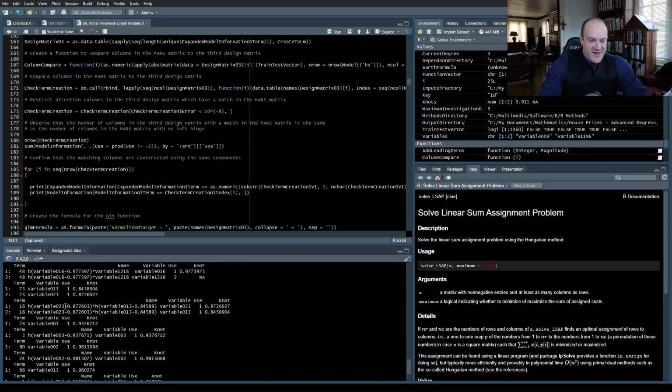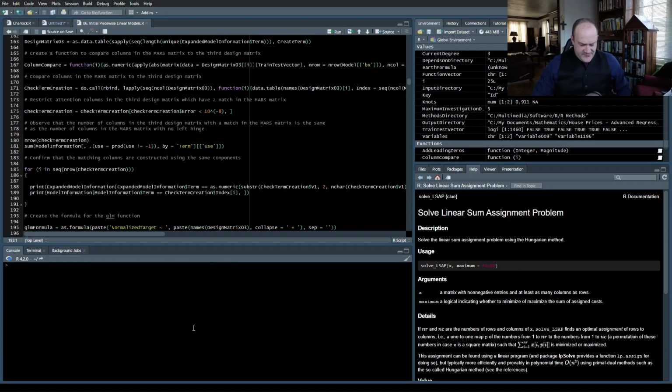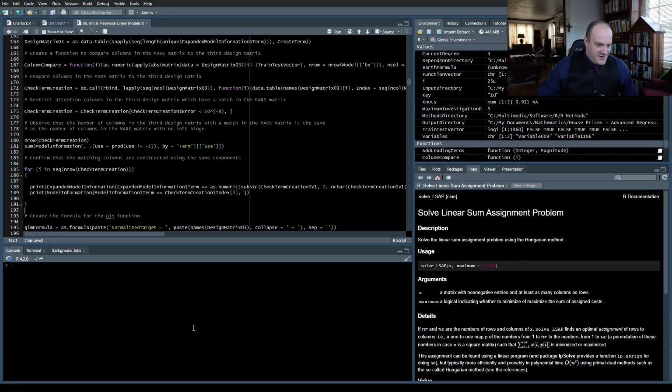Here's a term with two factors in it, variable 13, variable 23. And these were the knots they used, 0.87, 0.84. And lo and behold, those are the knots that we used. So, therefore, where we can match the design matrix that comes out of the Mars routine, we do match it. So, hey, good for us.